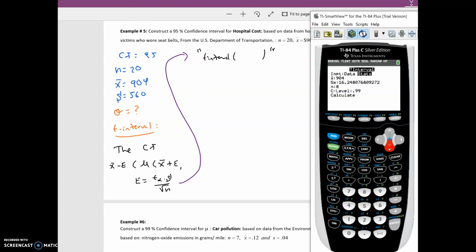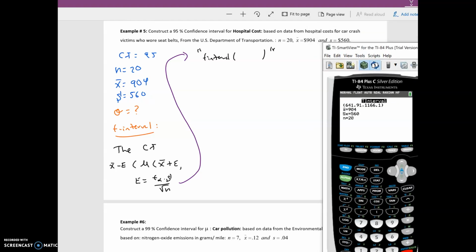The standard deviation of the sample is 560. The sample size happens to be 20. And we're constructing a 95. Please take a second and run it and see if we're matching.